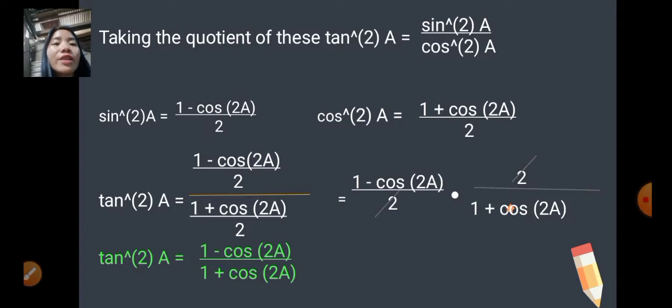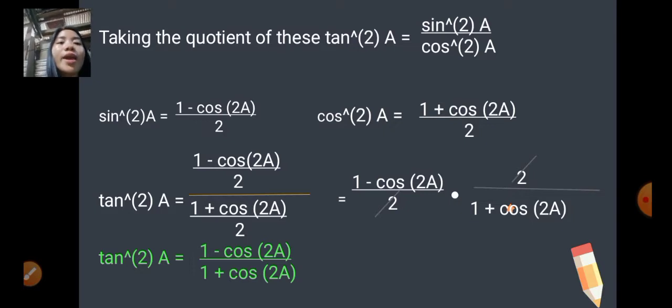So we have (1 minus cos 2a) over 2 multiplied by the reciprocal of the denominator, which is 2 over (1 plus cos 2a). So, cancel the 2. Then we have tan squared a is equal to (1 minus cos 2a) over (1 plus cos 2a).